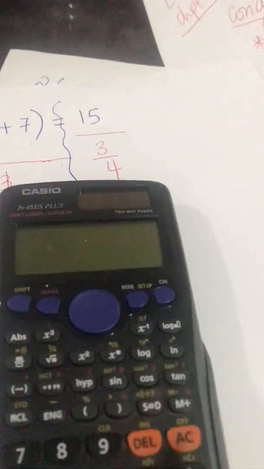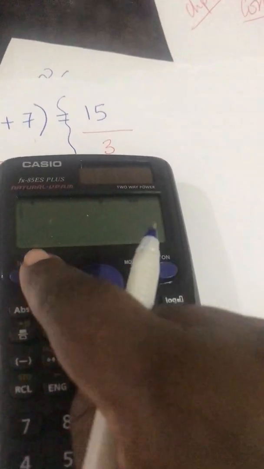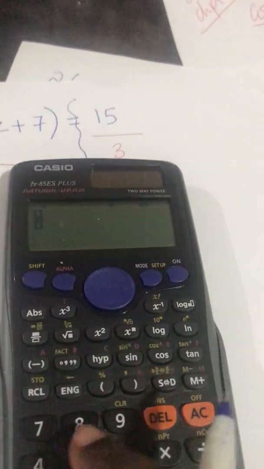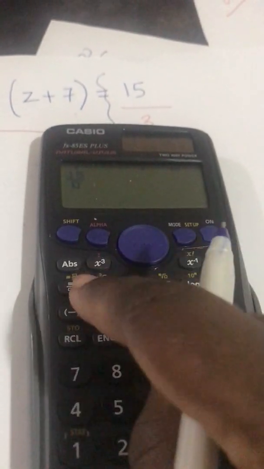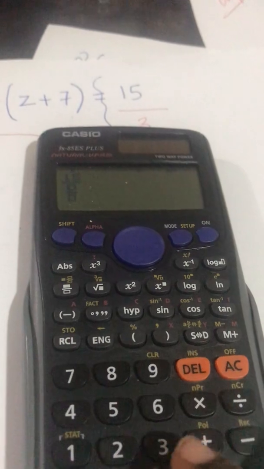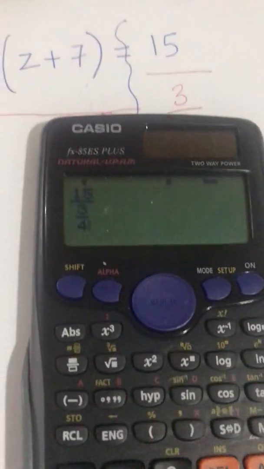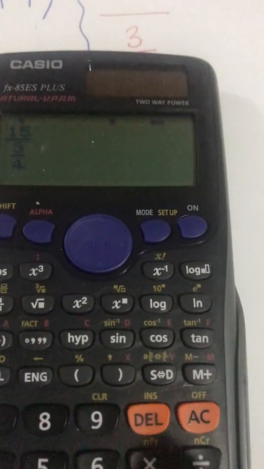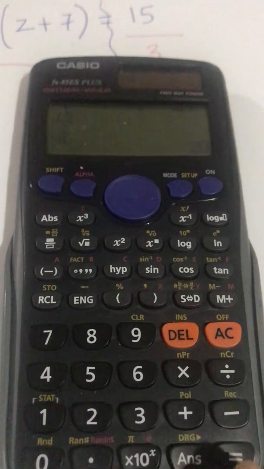So let's see, 15 divided by 3/4. You put it like that in the calculator and you press equal.